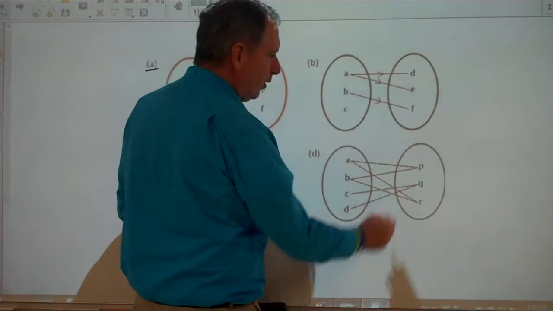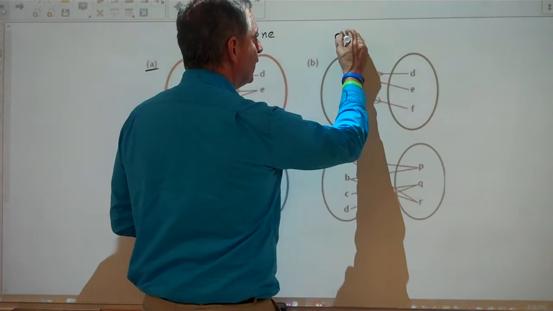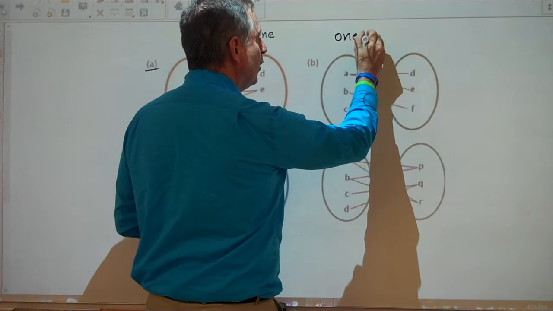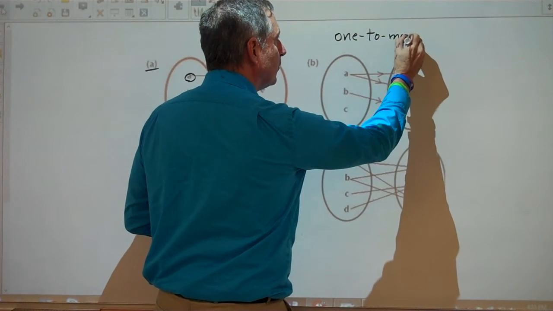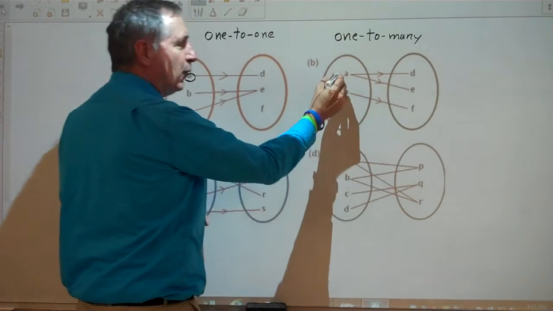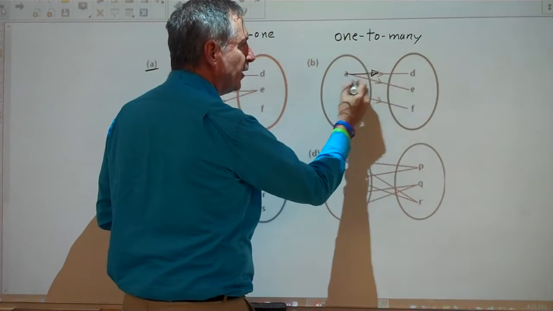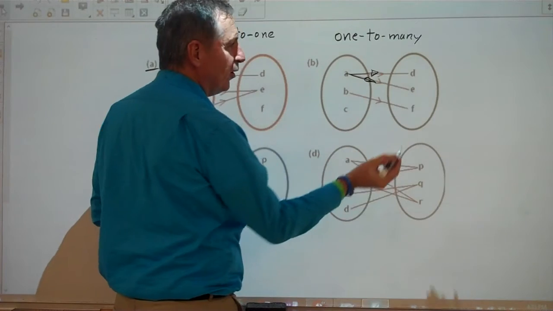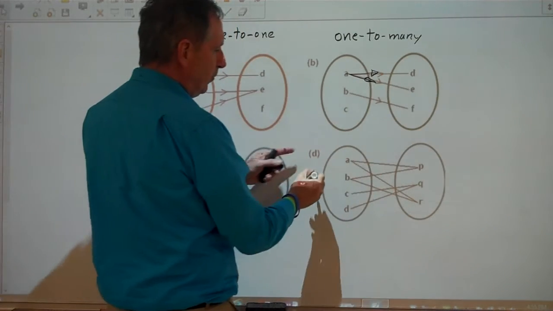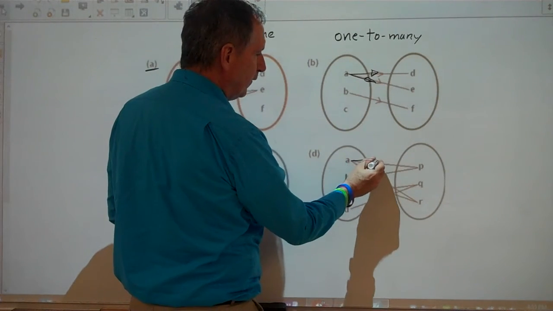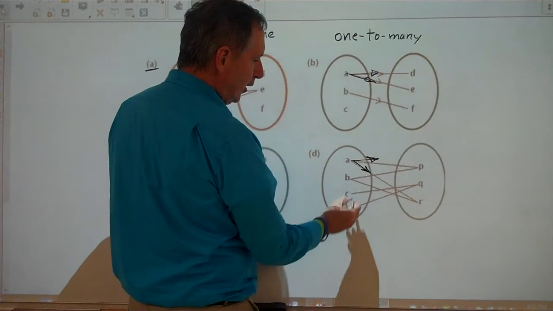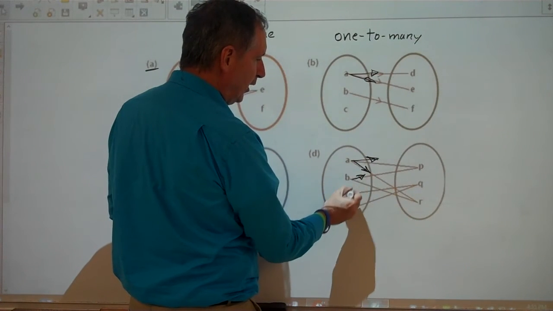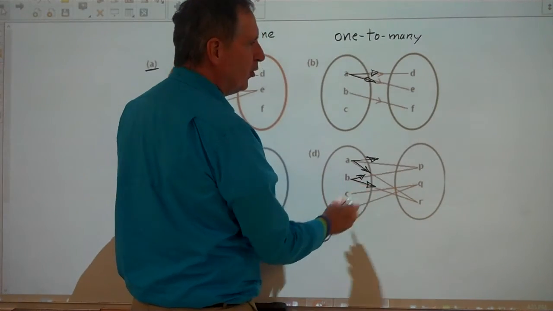But over here on the right, you have examples of one-to-many situations. For example, A goes two different places, to D and possibly also to E. And in example D, A is mapped to P, but also to R. And likewise, B is mapped to P and also to R. So you don't know what you're getting.